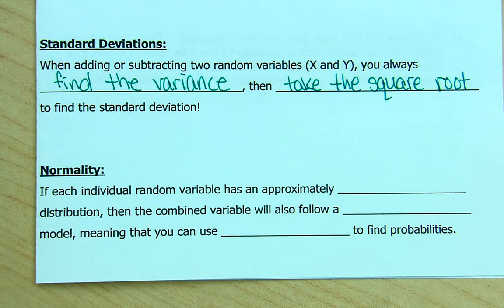So sometimes they will give you the standard deviations and ask you what is the combined standard deviation. You have to convert them to variance, add them together, then take the square root. And we'll look at some examples of this, so hopefully it'll make sense.